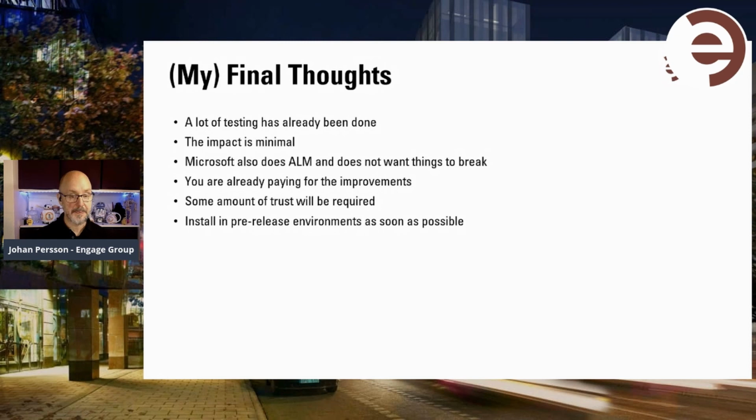If you want, please keep a pre-release environment around. That way you can actually verify some of the things even before it gets into your dev environment. And also instruct your developers to keep a lookout in the compilation logs, because all of the things that are being deprecated, entities and fields and tables and so on, will pop up a warning in the compiler.